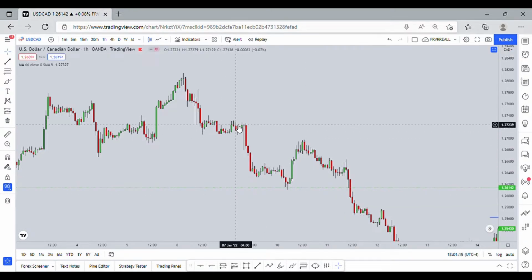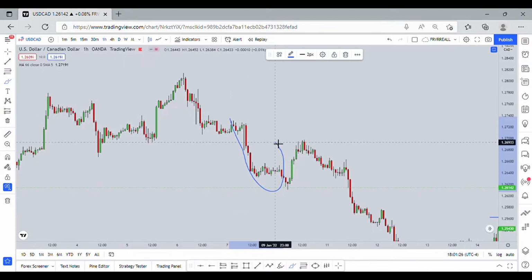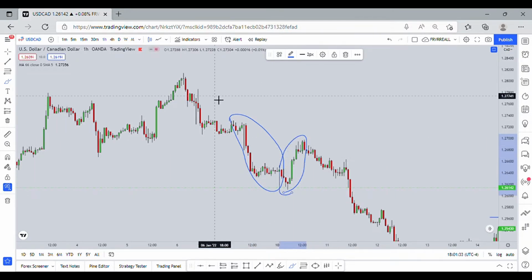Basically, let's take this entire impulsive move as a percentage, and then see the retracement as a percentage of the impulsive move.